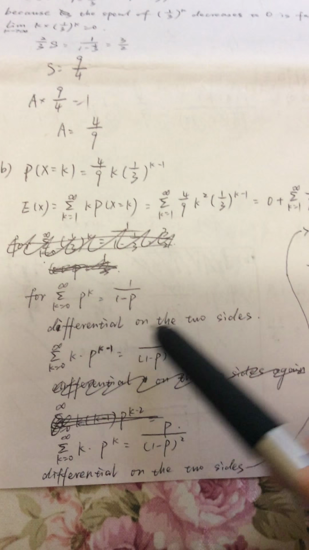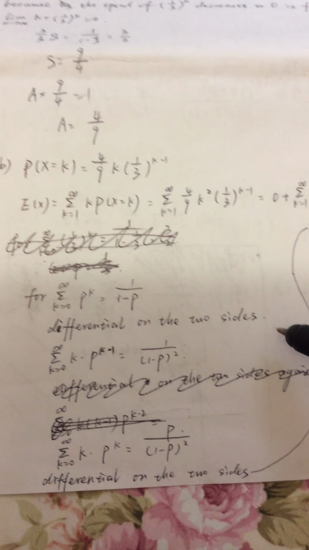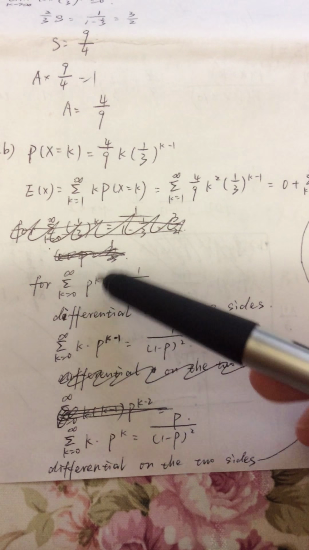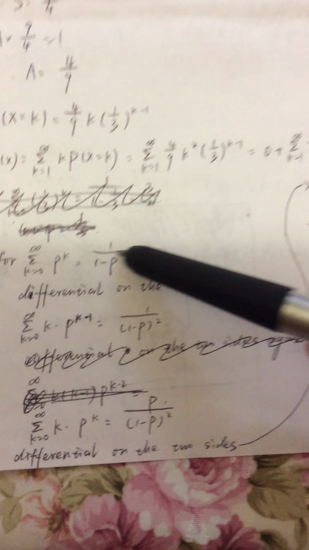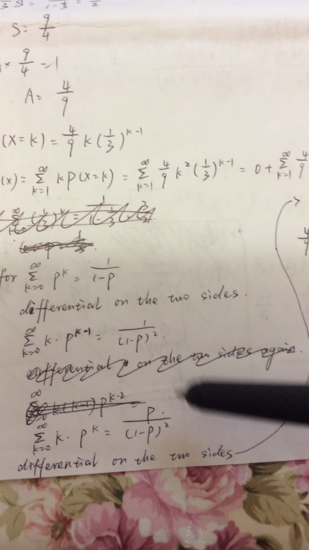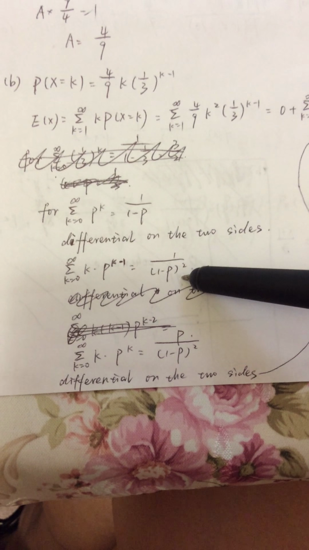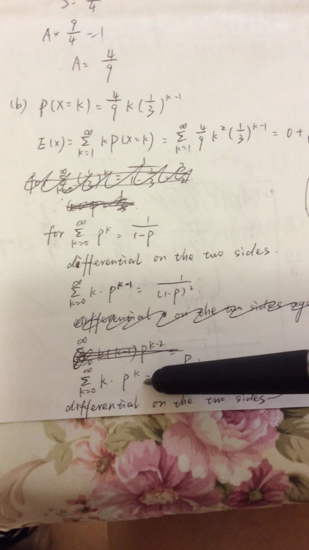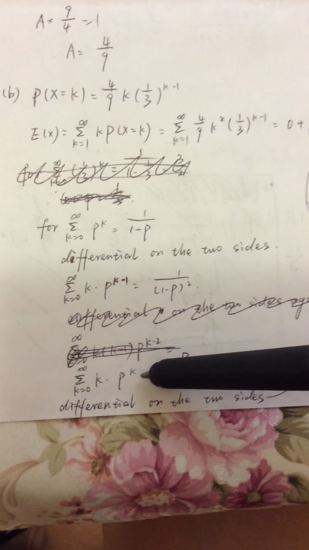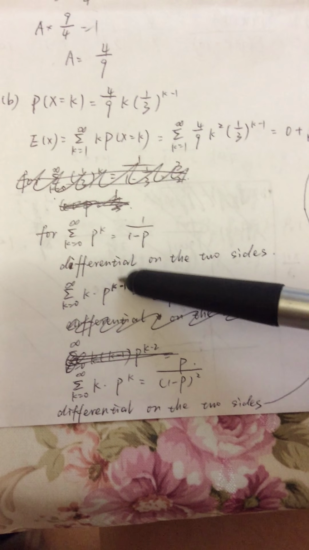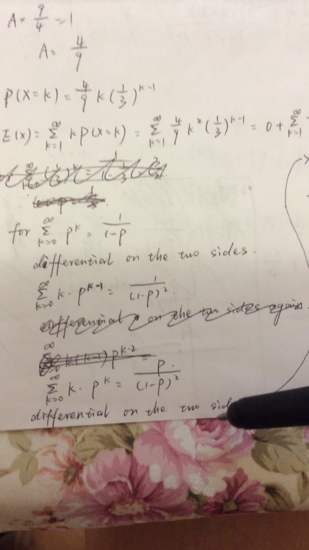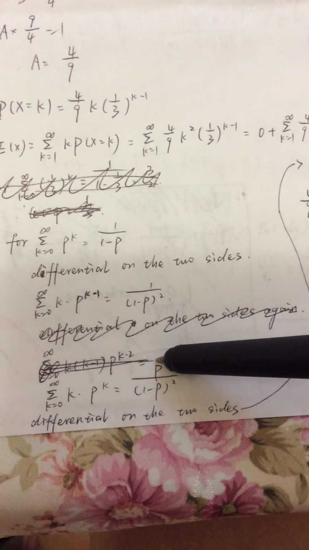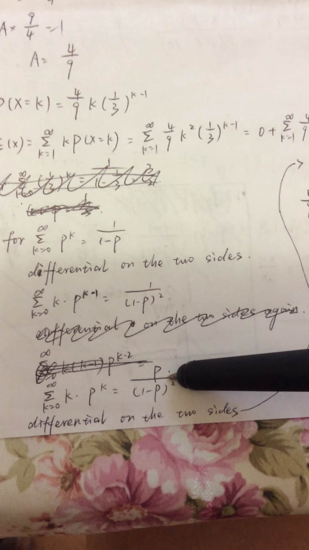We differentiate this equation on two sides. Then we can get this part is k times p to the order of k minus 1. And this right hand side is like this. And we multiply each side by p. So the order k minus 1 changes to k. And here we have a p in the numerator.